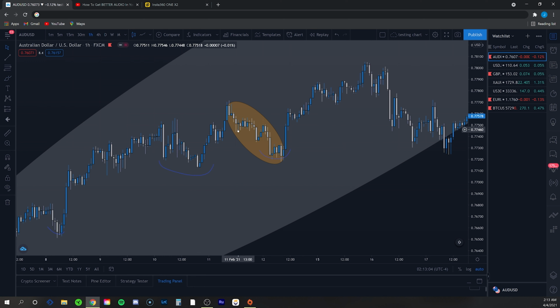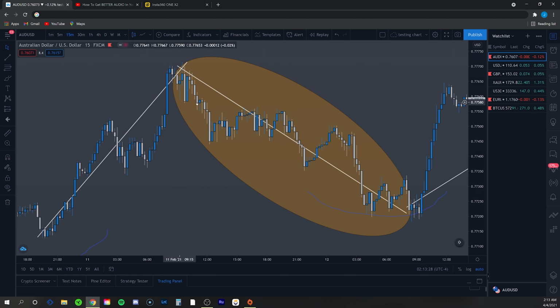So let's just break this down and show the example. So we have this from this higher low point to this downtrend on this lower time frame, back to this overall uptrend. So where that orange area is, you see, we broke a level of support, indicating that this trend was done.